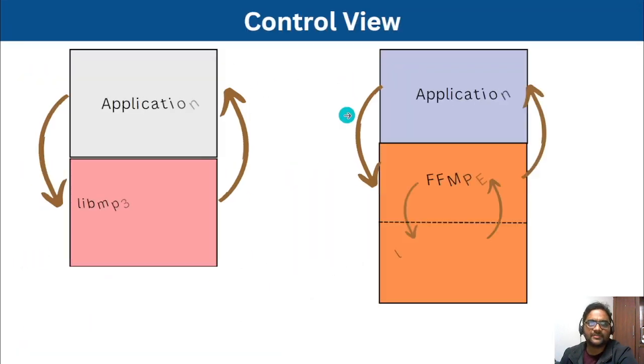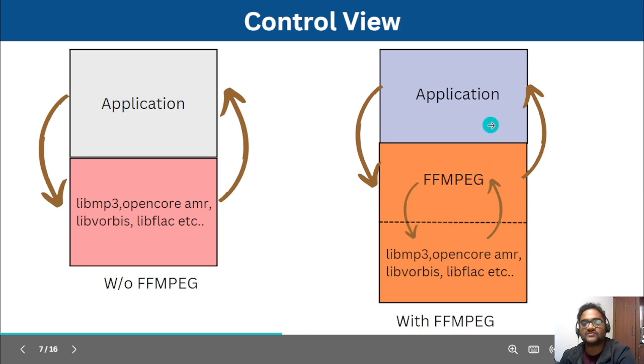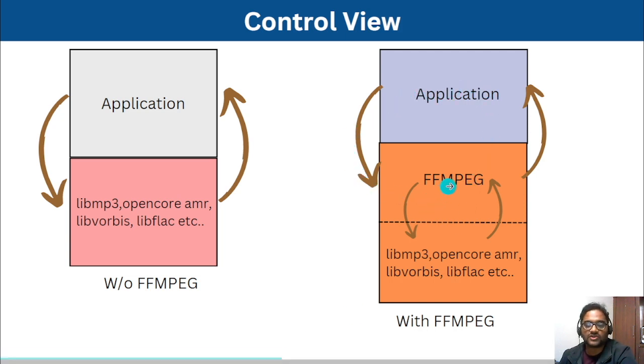So this is what is happening in the control view. As I mentioned, this is the application layer, where the application needs to talk to various libraries, various APIs, all those things. So a lot of overhead happens. But in this case, what happens? The application just talks to FFmpeg. All the APIs, all the calls only happen to FFmpeg.